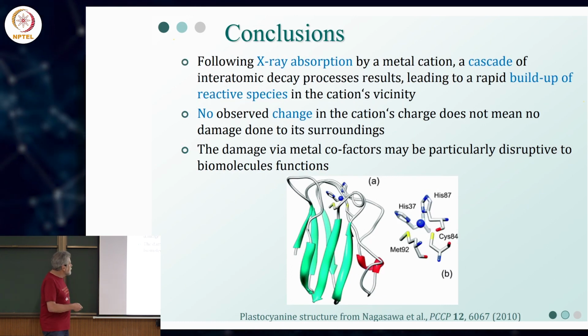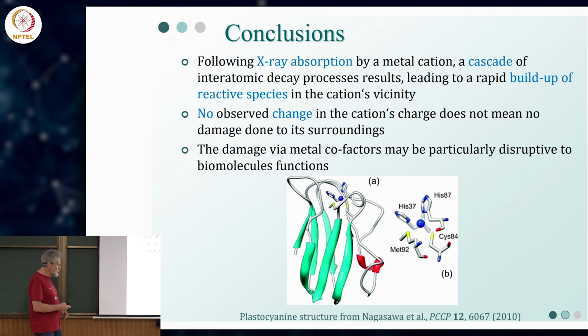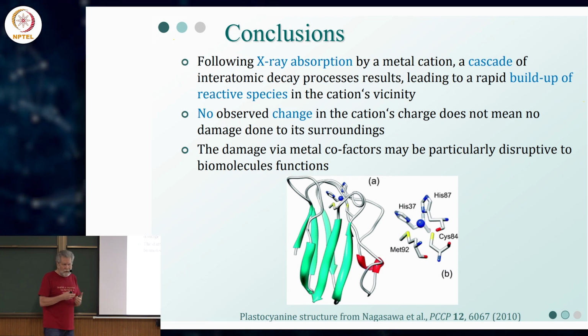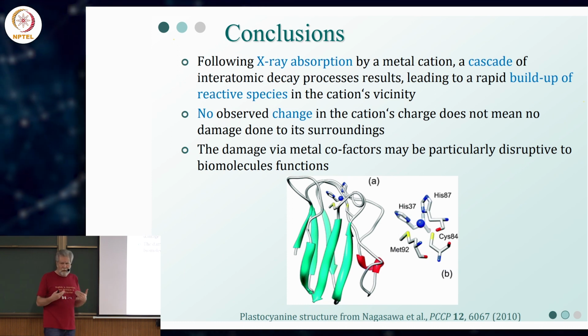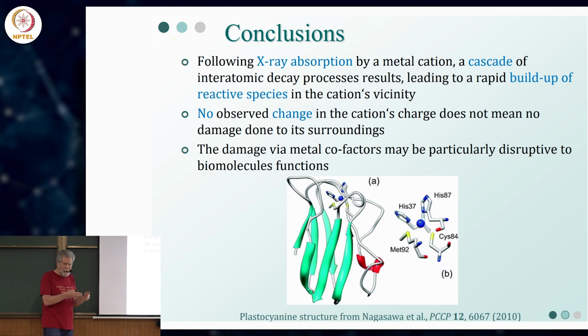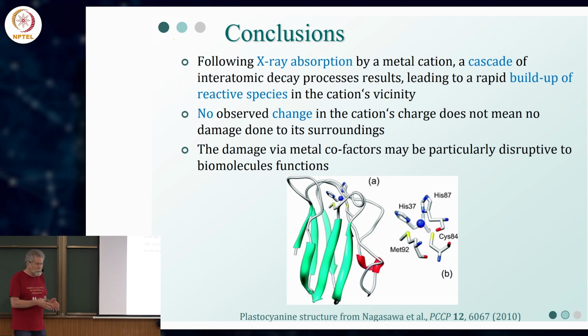I don't want to read all of that to you. One point is that we found literature that people try to estimate the damage by the change of charge on the metal ion. But you saw it reverts back and the damage is enormous. So it's not this that plays a role, whether at the end you have magnesium 3 plus instead of 2 plus. This is not the point.